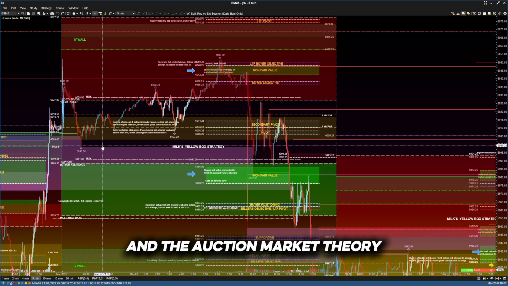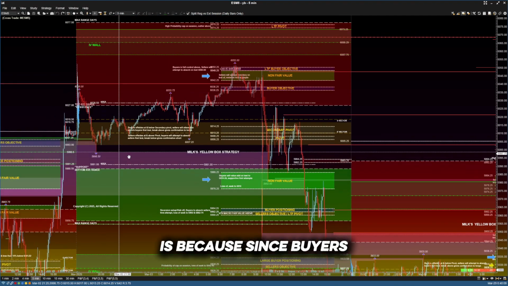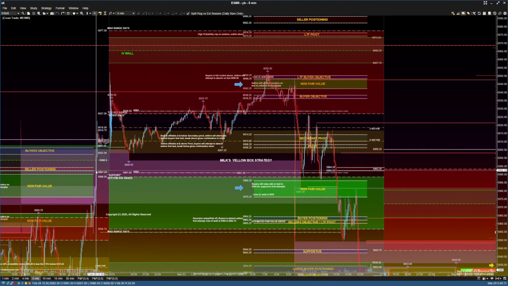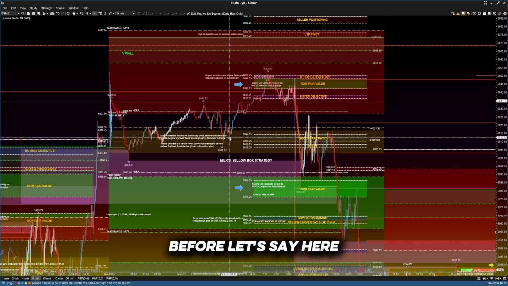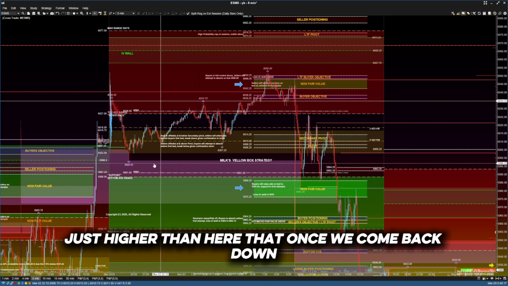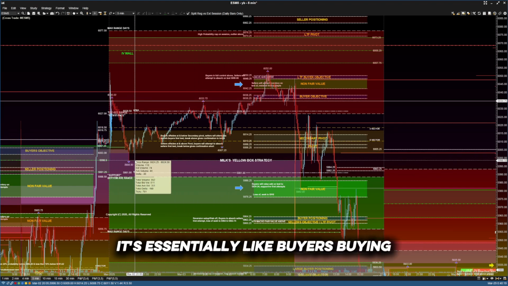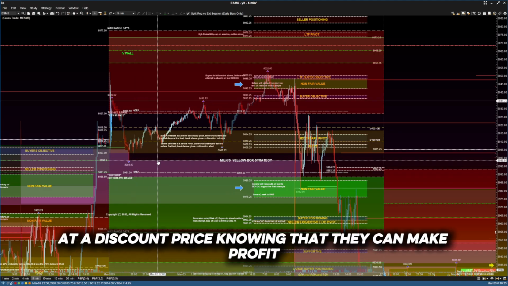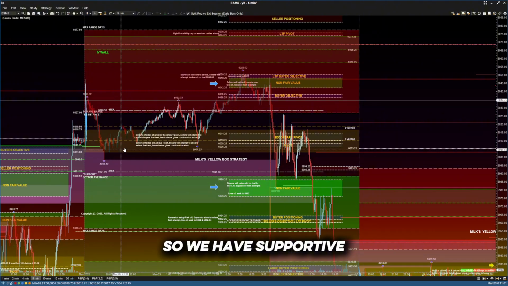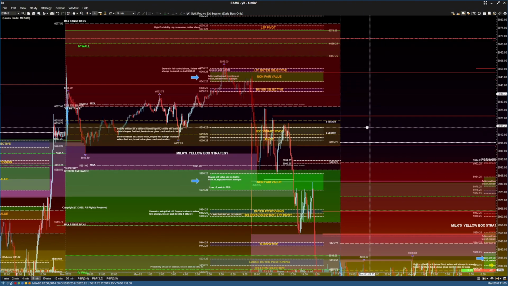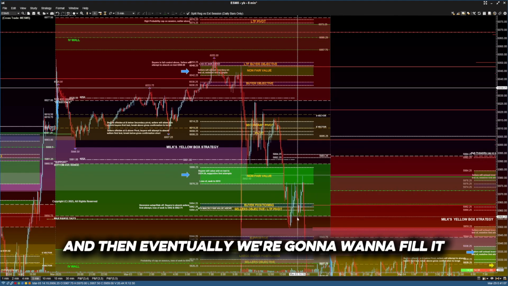The auction market theory reasoning why is that buyers and sellers mutually agreed that fair value was higher before, let's say here, it doesn't matter, just higher than here. Once we come back down, it's essentially like buyers buying at a discount price, knowing they can make profit since fair value was agreed upon to be higher. So we have supportive, supportive, supportive, and then eventually we're going to want to fill it.